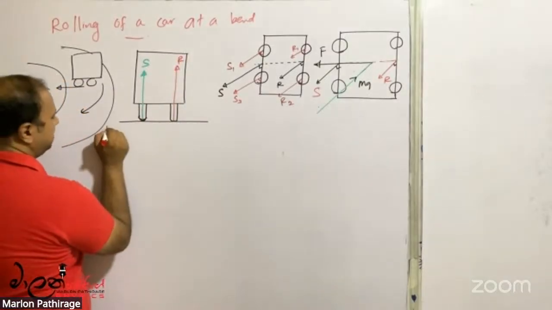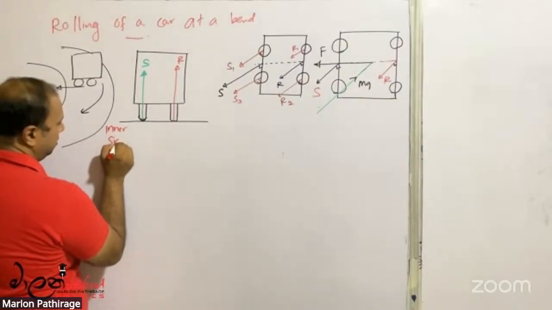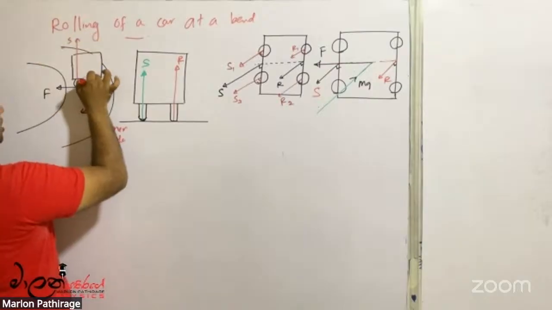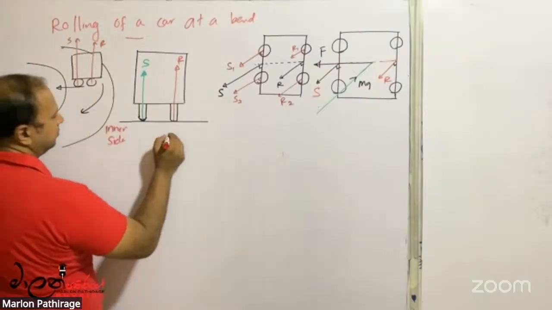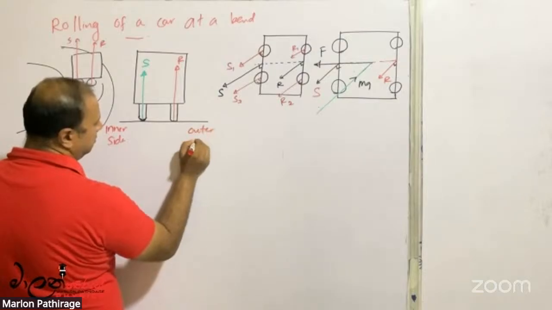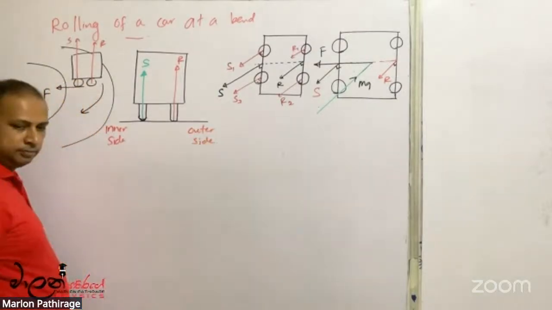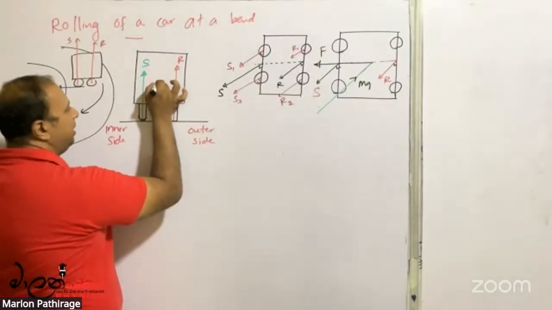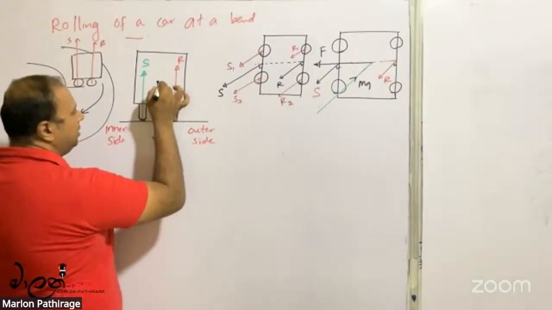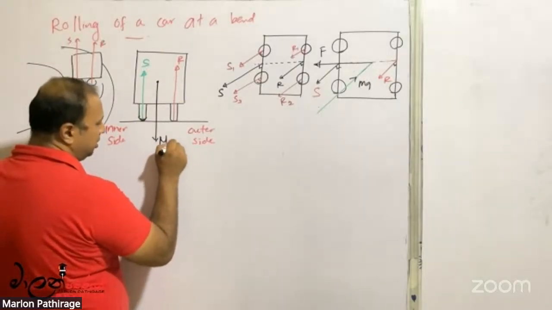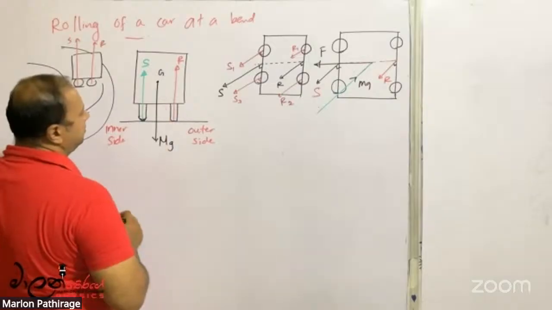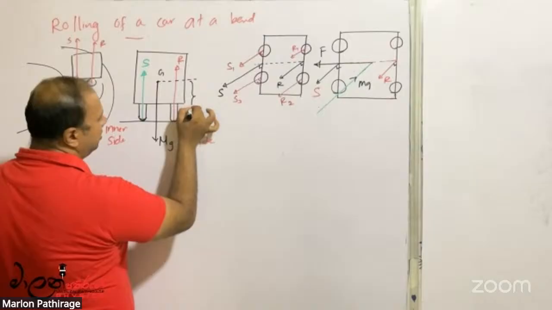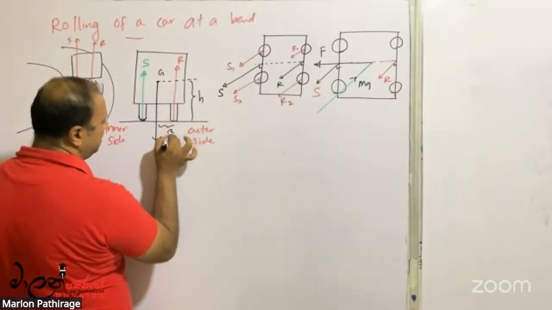So this is the inside, the inner side. Here S, outer side R. Then suppose this is the center of gravity and here the weight. The height to the center of gravity is simply h, and this one is a.